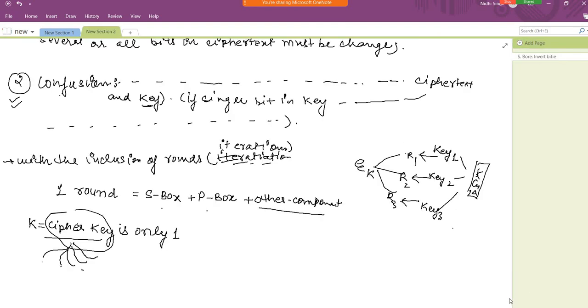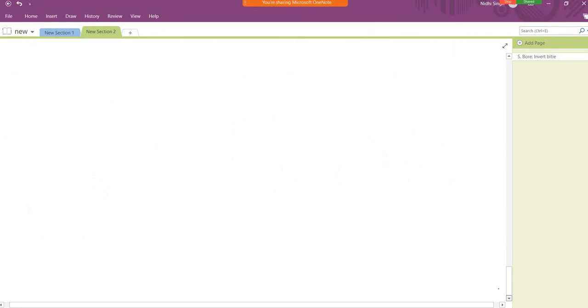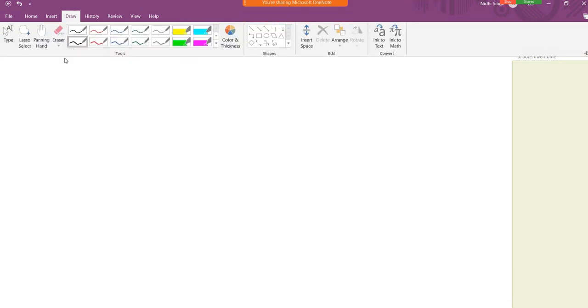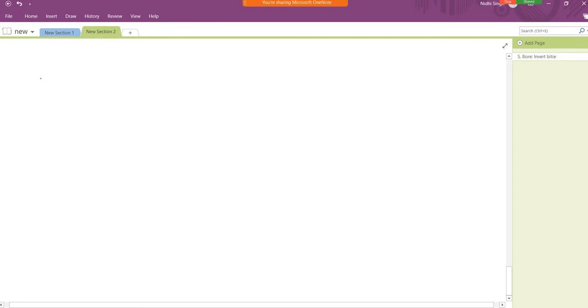Now the product cipher types. So basically there are 2 types of product cipher. The first one is called the Feistel cipher and the second one is called the non-Feistel cipher. तो दोनों के अपने अपने कुछ फीचर्स हैं जो भी हम पढ़ेंगे.